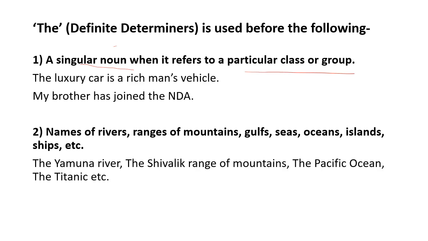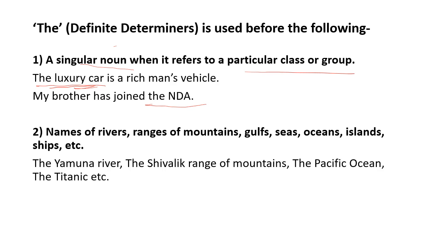For example, the luxury car is a rich man's vehicle. So here the luxury car means all the cars, a group, a class of all the cars which come in the category of luxurious cars. Then my brother has joined the NDA. So here the NDA is a group which means National Defence Academy. So we are using the before NDA.